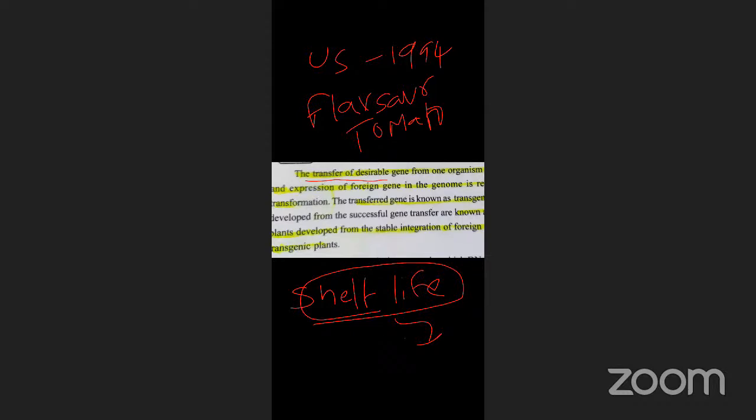Students say 5 to 6 days, sir. So 5 to 6 days, maybe one week, a short duration. But with a longer shelf life, they can stay fresh for up to 2 to 3 months. That is the main concept behind producing the Flavr Savr tomato. This is the first transgenic plant introduced in the USA in 1994.